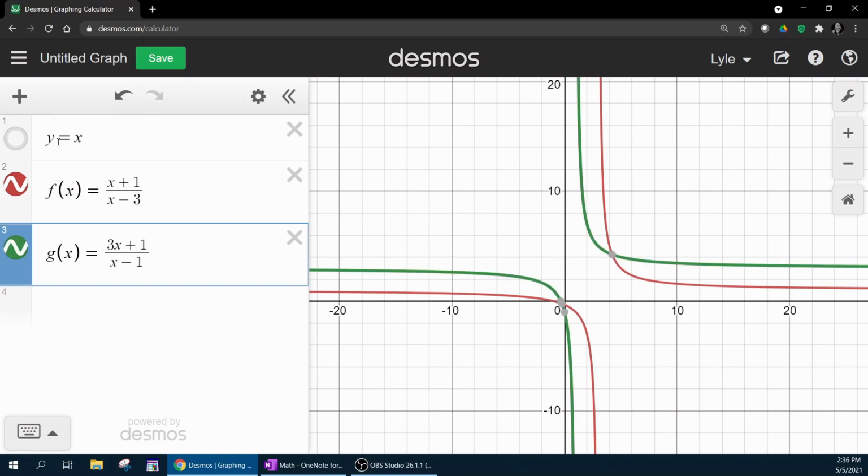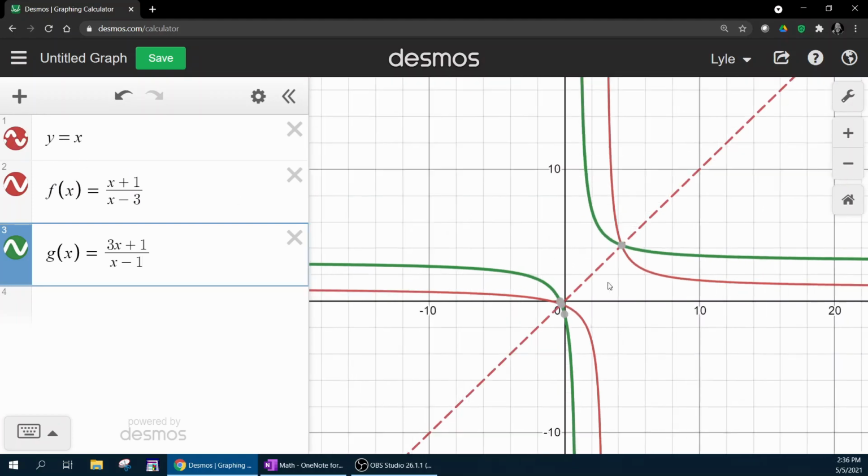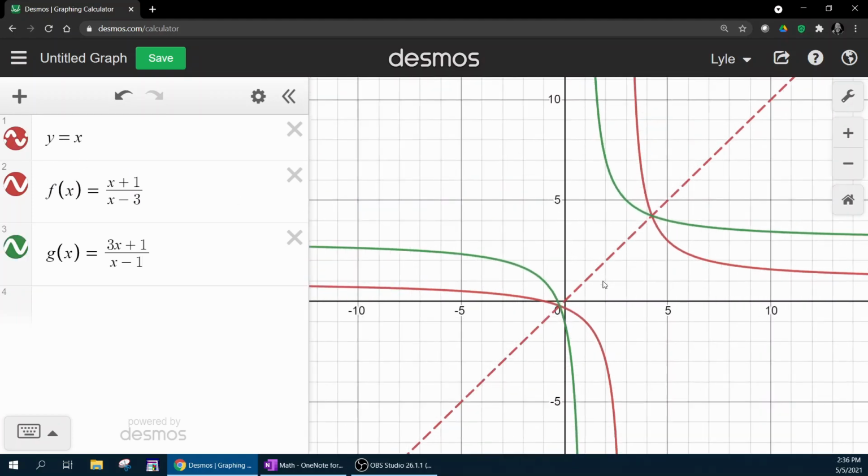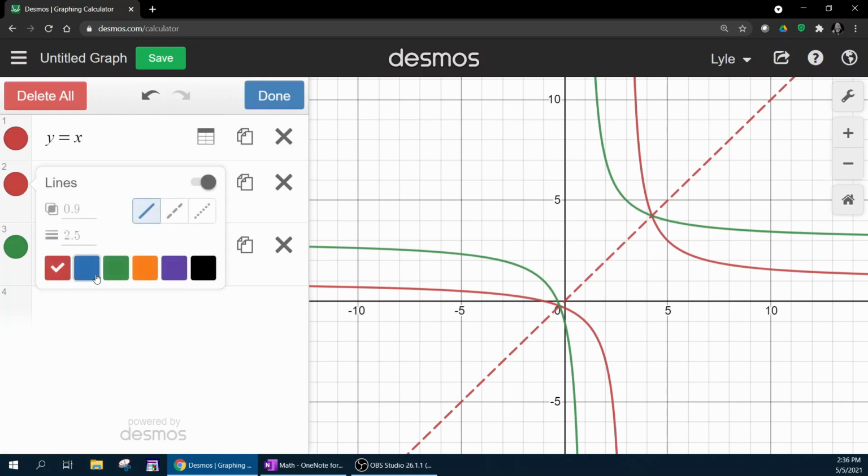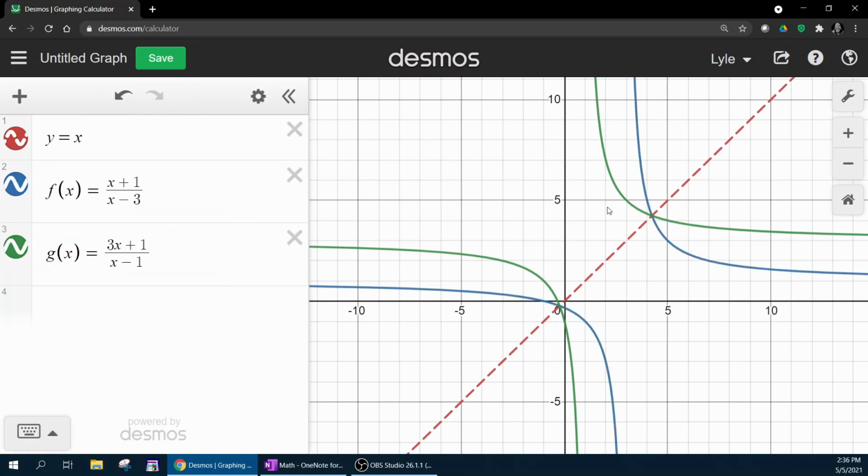And again, if I turn on the line of symmetry and zoom in a bit, maybe if I change the color. Let me change him to blue. There we go. So the blue graph is the original function and the green graph is the inverse function. The red dotted line is the line of symmetry, and you can see that these graphs are symmetric.